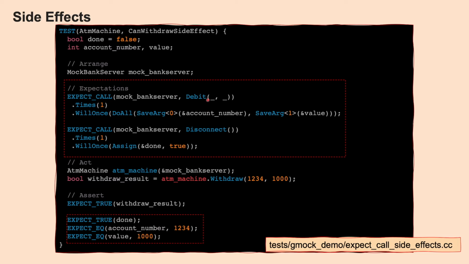So once debit is called, account number should be equal to 1234 and value should be equal to 1000. And you can verify this using expect EQ after your withdraw call. And finally here, I'm saying when disconnect was called, assign true to done, which was previously false. And you can also verify this using expect true. You can check this test yourself from this path down here.